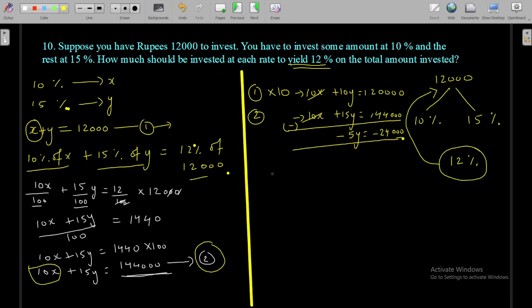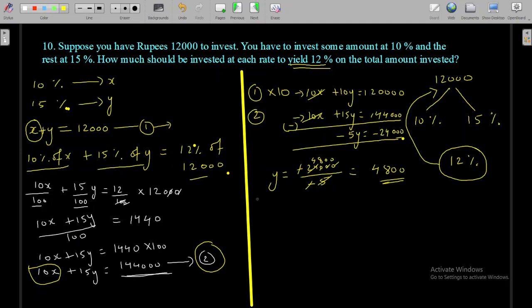So that is nothing but y is equal to minus 24,000 by 5, the minus signs get cancelled. So 5 4s are 20, 5 8s are 40, the zeros get cancelled. I'll get 4800. So this is our y.